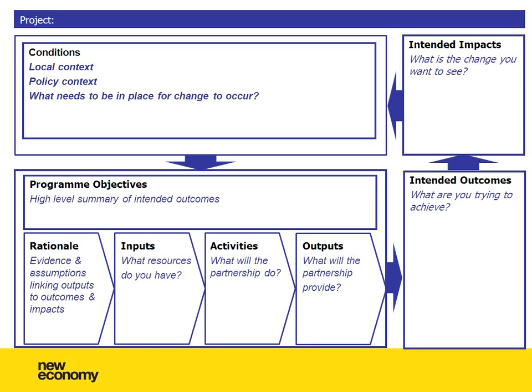So to give an example, let's say an Our Place programme generates 50 apprenticeships with local businesses, so that's 50 outputs. The outcome of that might be 40 young people in sustained employment. So they get one of those apprenticeships, but then they manage to keep on to that job and build their careers. And then the impact of those outcomes might be a reduction in the local youth unemployment rate.